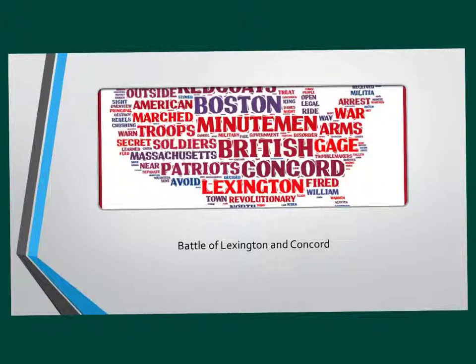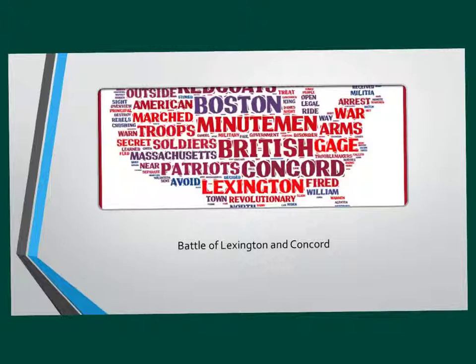Okay, as I created this slide, the visual used in Tagxedo was the United States map, and when I chose a panoramic view, it cut off part of my United States. But anyway, this is the Battle of Lexington and Concord.